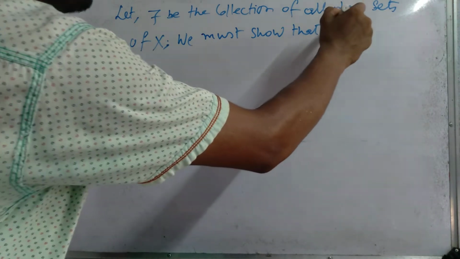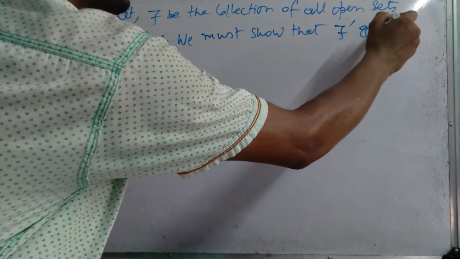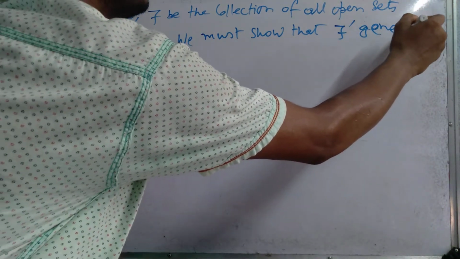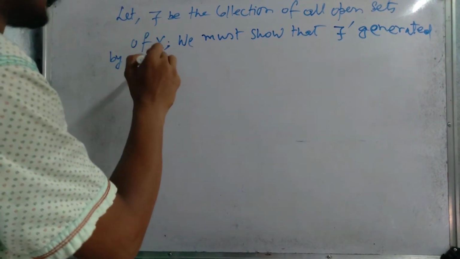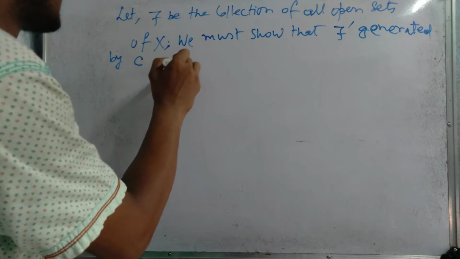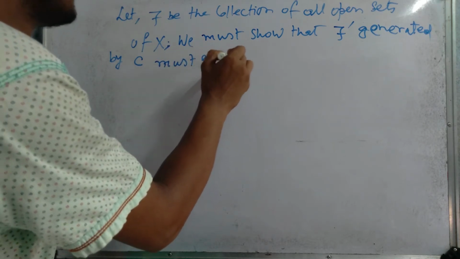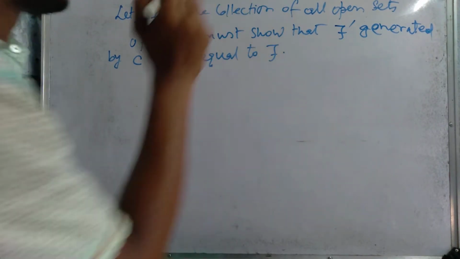We must show that tau dash generated by C must equal tau.